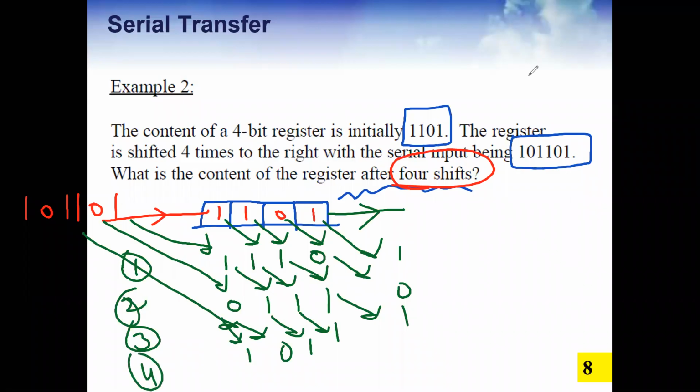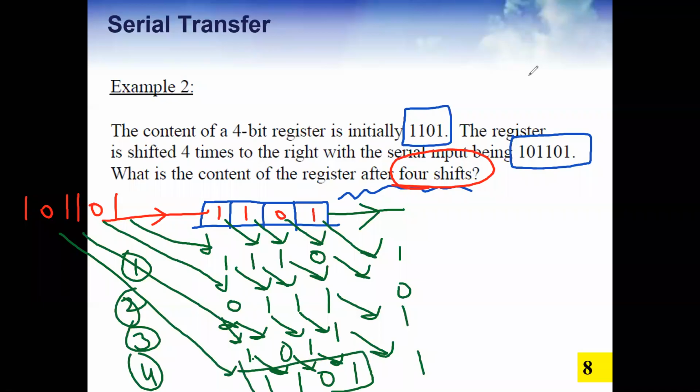Fourth clock: this one will go out, this 0 will be here, this one will be here, this 0 will be here, this one will be here, and the next will enter now. So this is 1. So the content of the shift register is 1101.